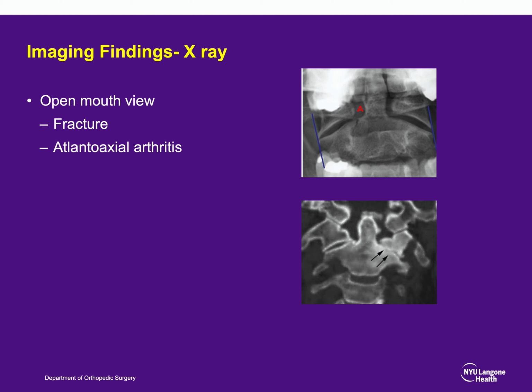Open mouth view is helpful in a trauma setting to rule out any kind of upper C-spine fractures. Also, it is helpful in detecting presence of atlantoaxial arthritic conditions, which is seen on this X-ray to the right.